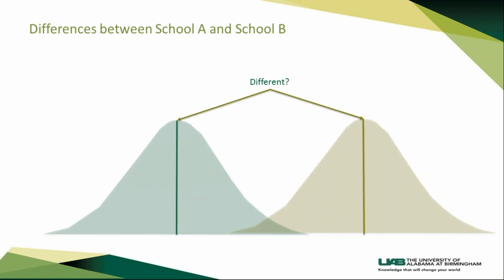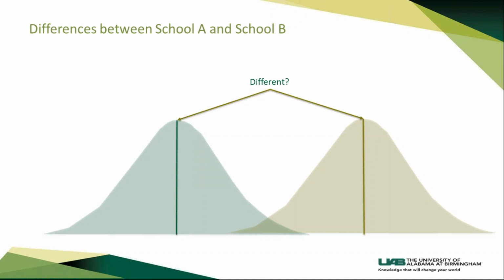Okay, what about now? So the overlap here is a lot smaller, and the means of each school, the middle of those distributions, they no longer touch that overlap area. Again, this is just a visual representation of what's going on when we do a t-test. Or a lot of the tests we're going to do are going to come back to this general idea.